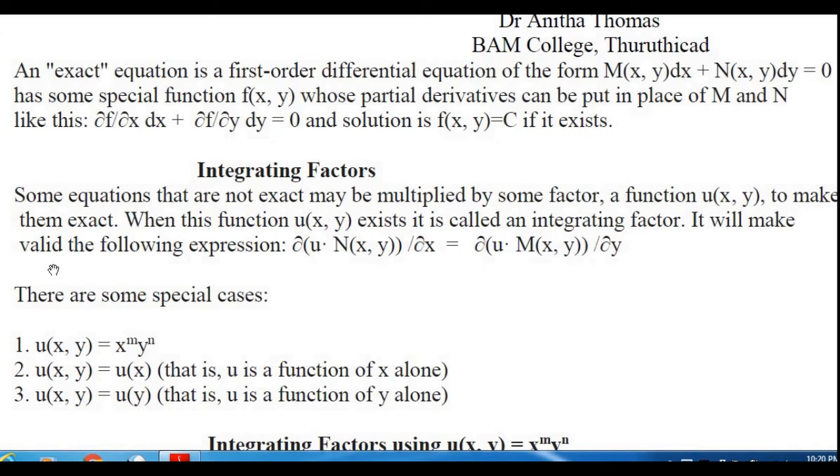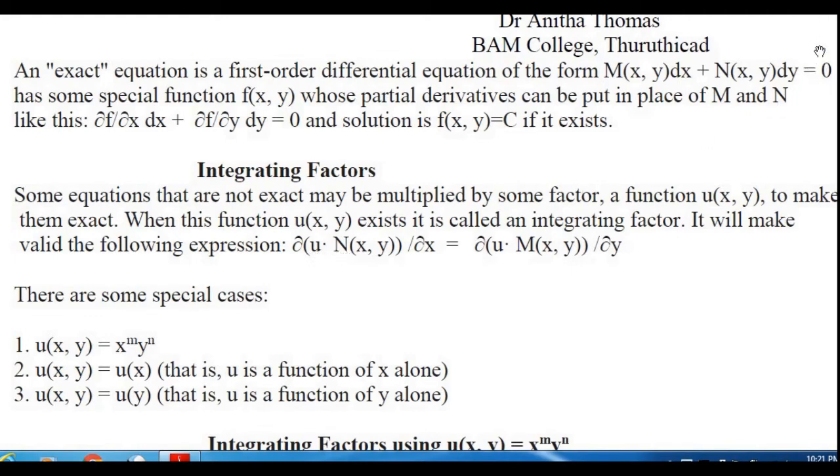It will make valid the expression ∂(uN)/∂x = ∂(uM)/∂y. That is, the condition for exactness will be satisfied on multiplying M and N with u.